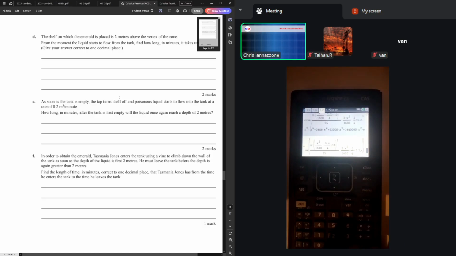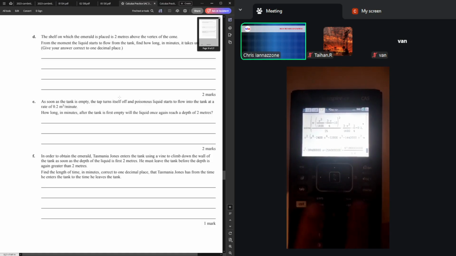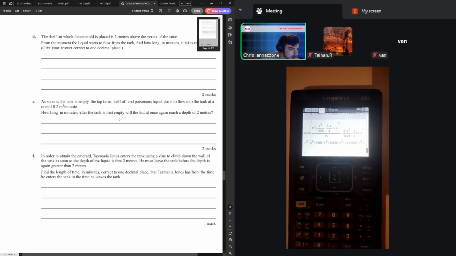This is the right equation, equals 0.2. No exact. That one I'm a little stumped by. I don't know why that didn't come out as exact. That is the way you're supposed to do it. Yeah, I'll have to look into that a bit more.